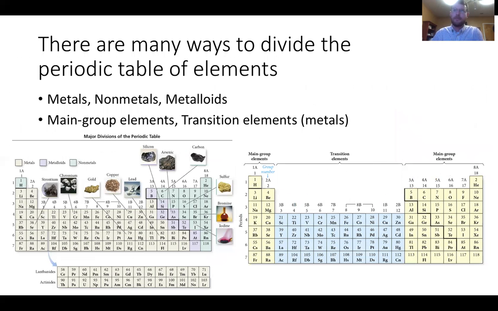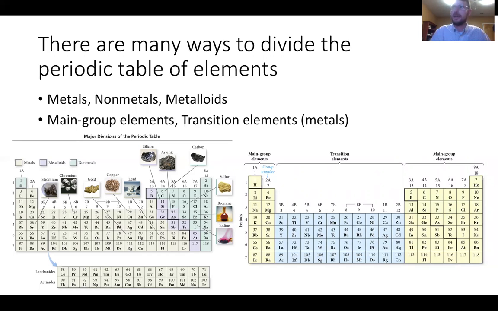Since we're talking about metals and non-metals, these are the main ways that we divide the periodic table. Let's start with the main group elements and the transition elements. You'll notice on a periodic table that you have some peaks, right? Columns 1 and 2, 3, 4, 5, 6, 7, 8. Those are peaks. Those are known as the main group elements.